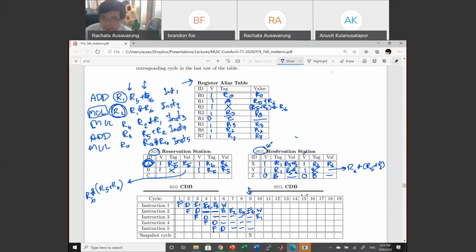Can I do instruction 4? My next question is, can I also start instruction 4? Instruction 4 is the add, right? It corresponds to B right here.